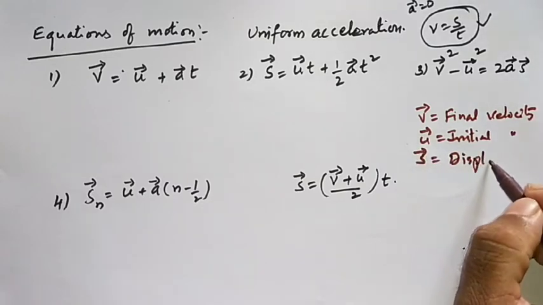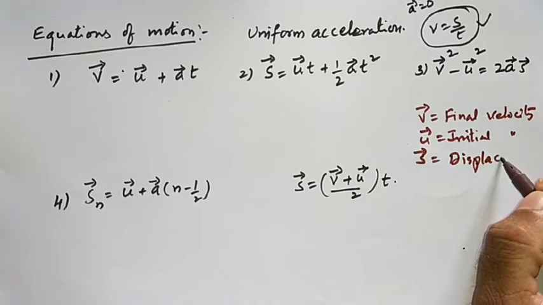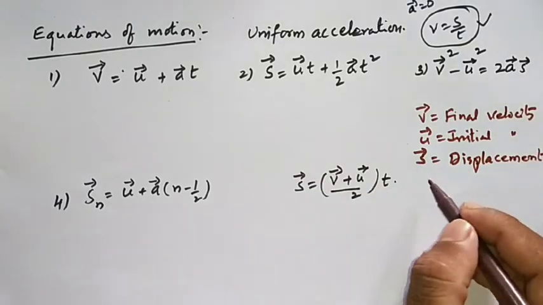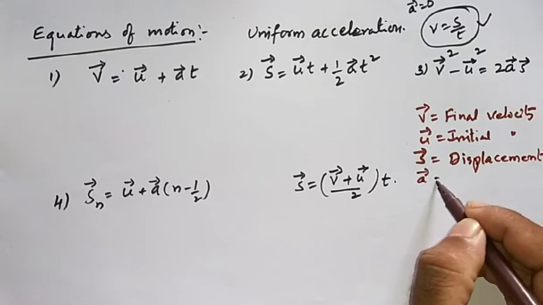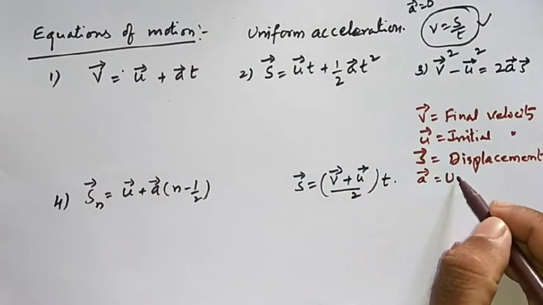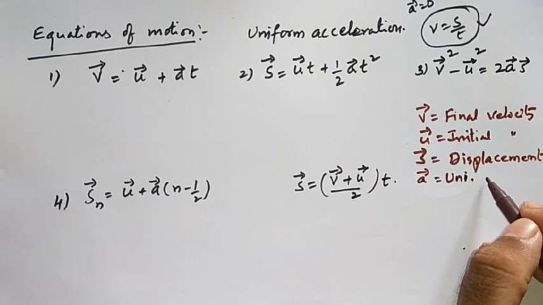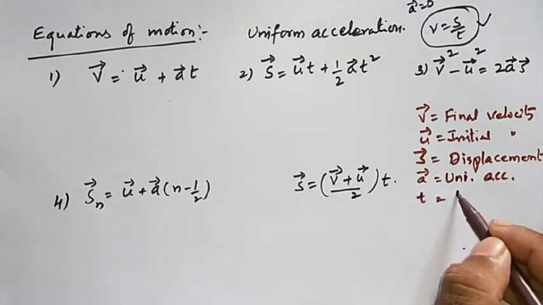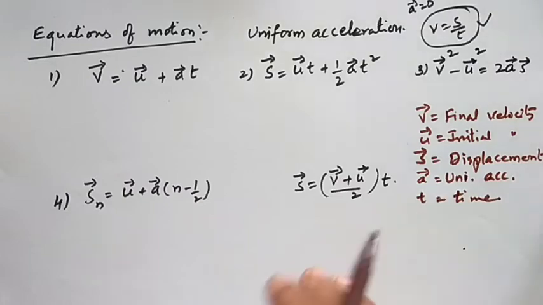Displacement. Remember this one, it is not distance, it is displacement. Next, what is A? Uniform acceleration. Next, what is T? It's the time of motion.